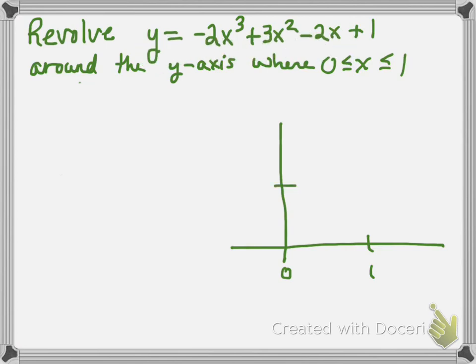So I know this thing crosses the y-axis at about 1. So I now have a y-intercept here. Now, x-intercepts are more difficult to find, because to find an x-intercept, you have to let y be 0.